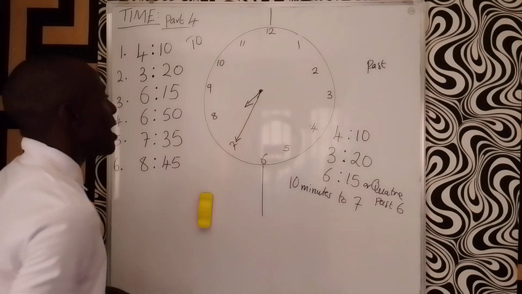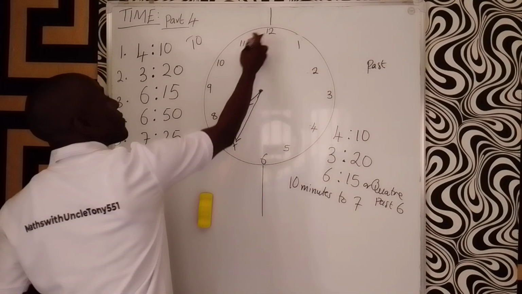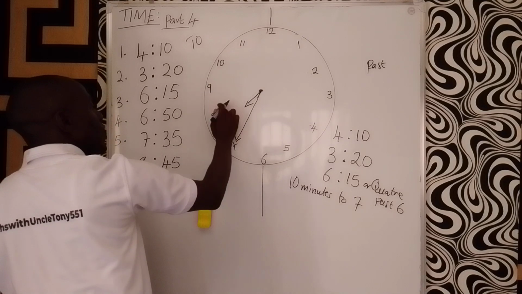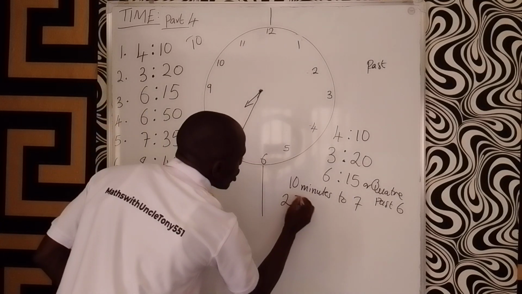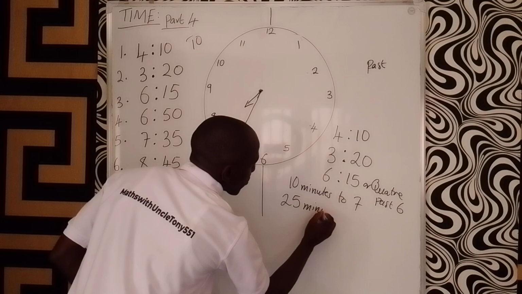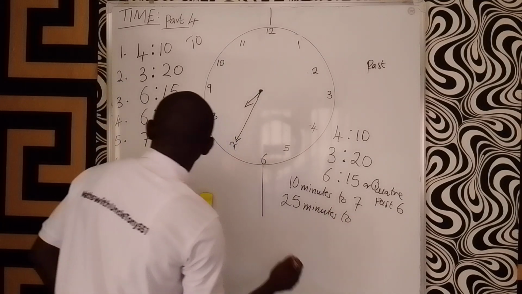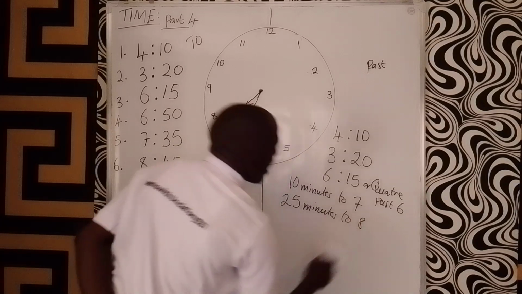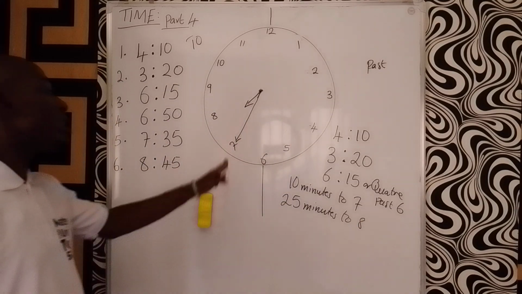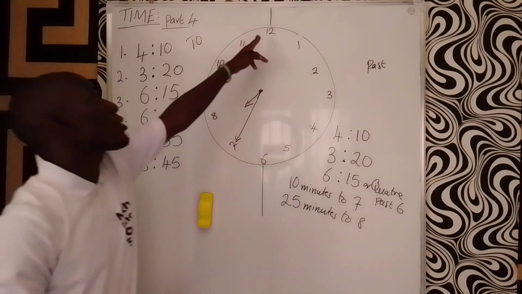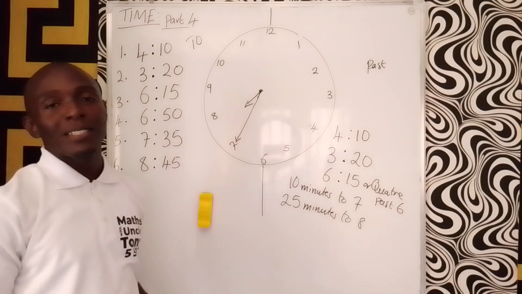So how do you tell time now? It's better you count from here: 5, 10, 15, 20, 25. It is 25 minutes to 8. Because once the long hand is towards this side, you count from here towards the long hand side.